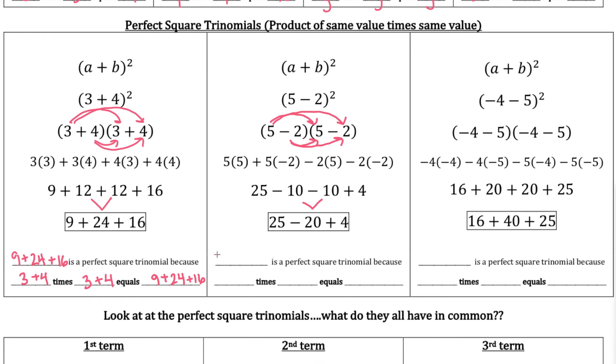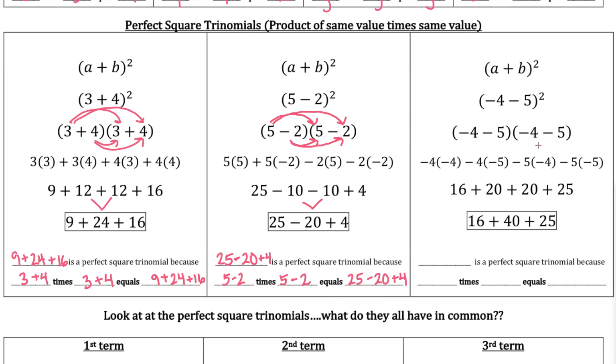So we know that 25 minus 20 plus 4 is a perfect square trinomial because 5 minus 2 times 5 minus 2 equals 25 minus 20 plus 4.